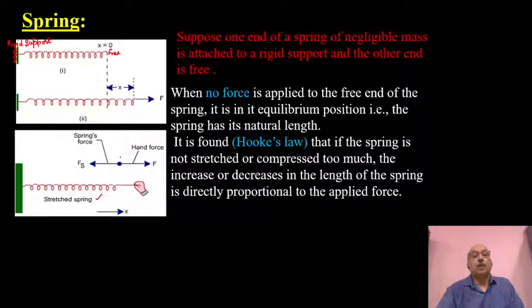So the spring gets a force that is called the force of elasticity, Fs, and the hand applied the force F to extend the length x. If we compress, the length will decrease. The increase or decrease in the length of the spring is directly proportional to the applied force, which is known as Hooke's law.